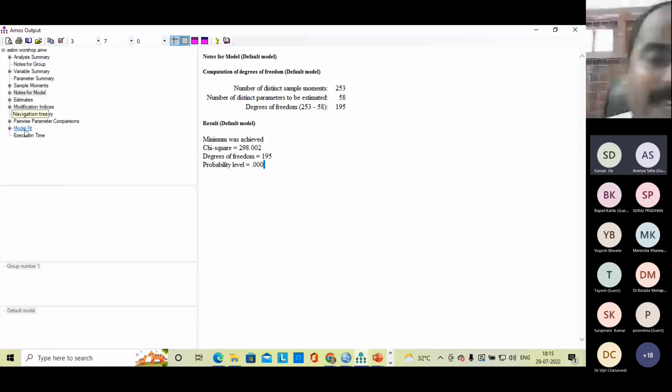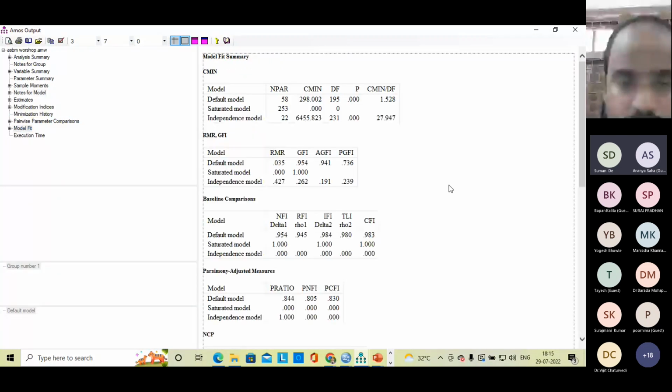Look at here, it was 0.97, now it becomes 0.98. These all three, IFI, TLI, CFI, earlier were all 0.97 something, below 0.98. Now it becomes 0.98.